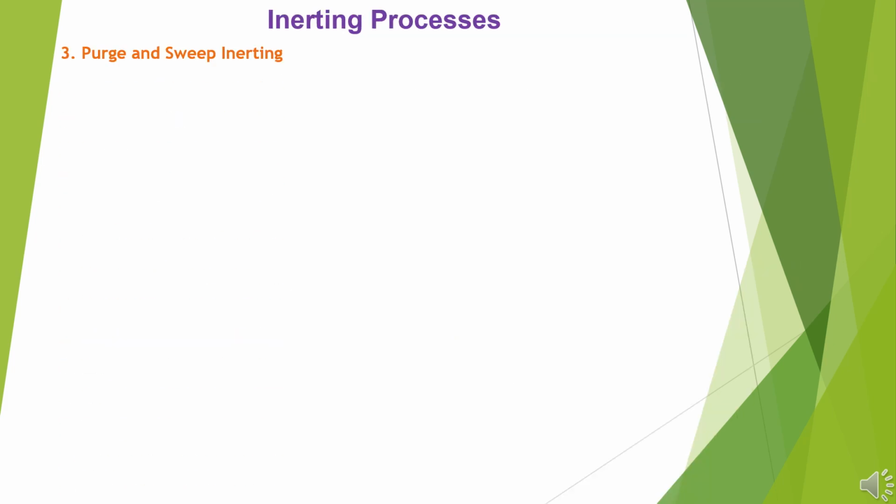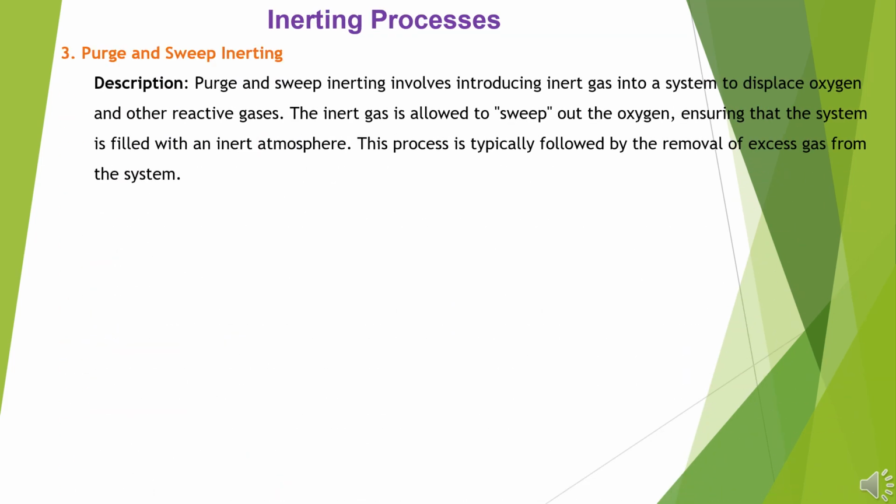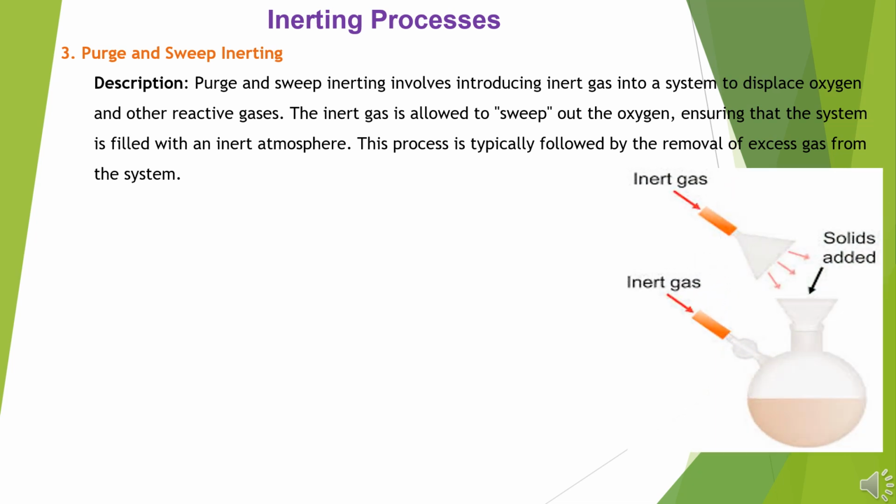Three. Purge and sweep inerting. Description: purge and sweep inerting involves introducing inert gas into a system to displace oxygen and other reactive gases. The inert gas is allowed to sweep out the oxygen, ensuring that the system is filled with an inert atmosphere.